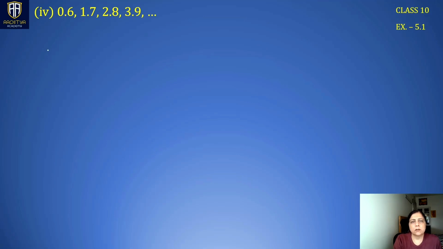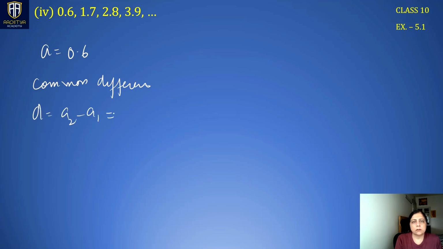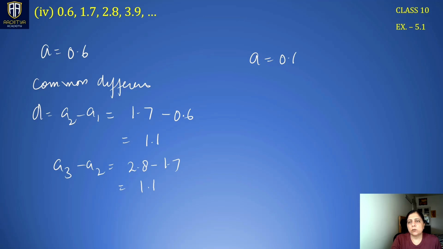Next is first term here is 0.6. For common difference, D is a2 minus a1, that is 1.7 minus 0.6. It is 7 minus 6 is 1. This is 1.1. Perform one more difference. a3 minus a2. It is 2.8 minus 1.7. This is also 1.1. So you can write A is 0.6 and D is 1.1.